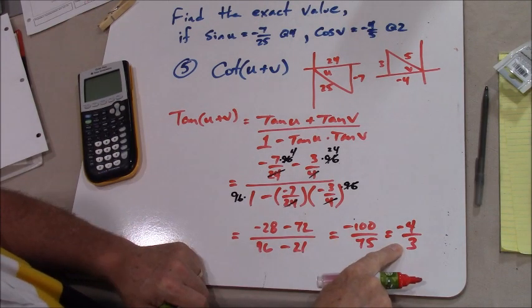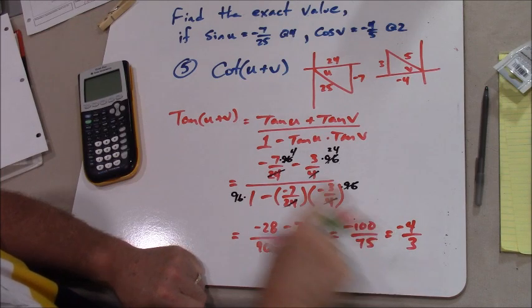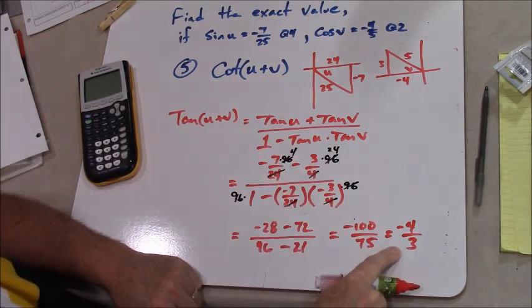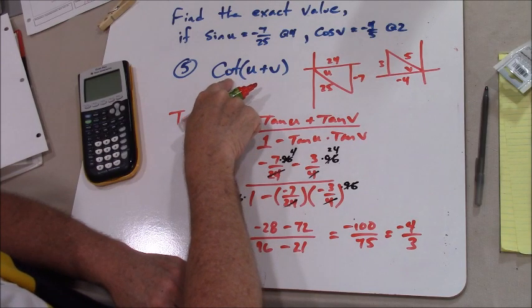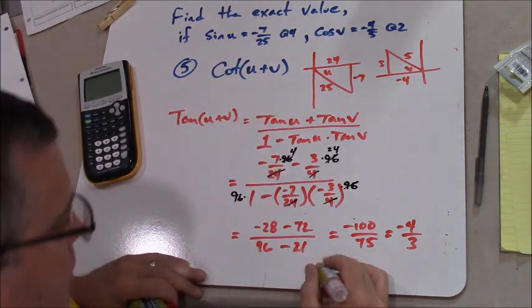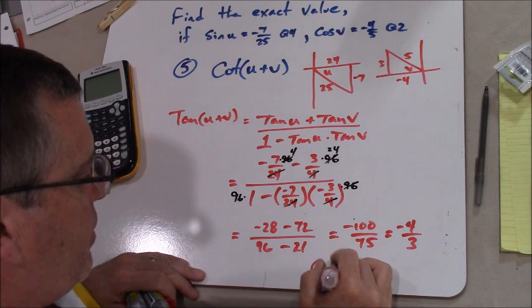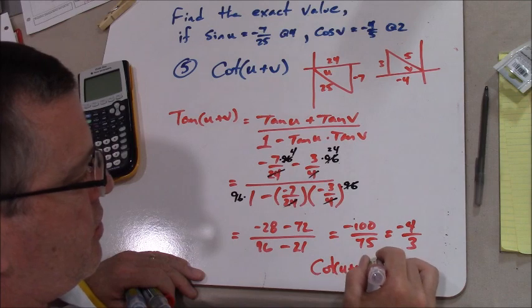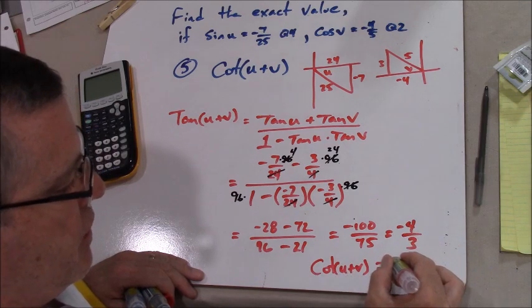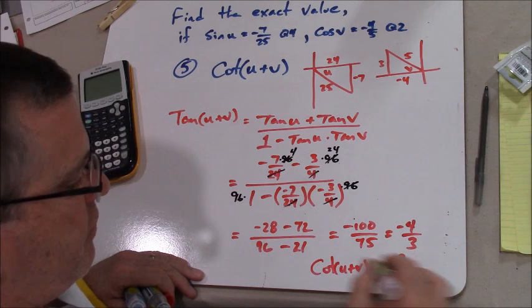Now remember, that's not our final answer, because this is what the tangent is equal to. We want to try and find the cotangent. And so I'm kind of running out of room here, but I'm going to say that the cotangent of u plus v is equal to the reciprocal of this, a negative 3/4.